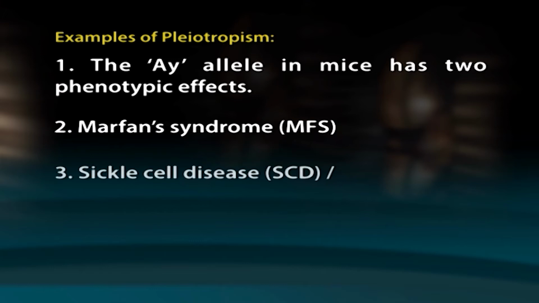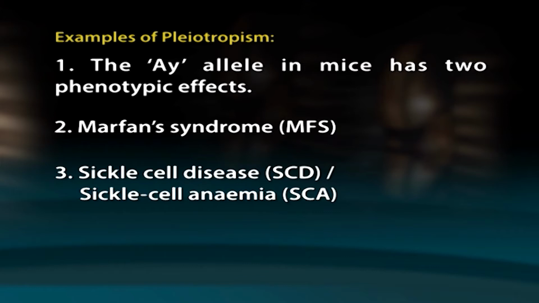A third example is sickle cell disease, in short SCD, also known as sickle cell anemia, and drepanocytosis. It is a hereditary blood disorder, a genetically transmitted hemolytic disease.